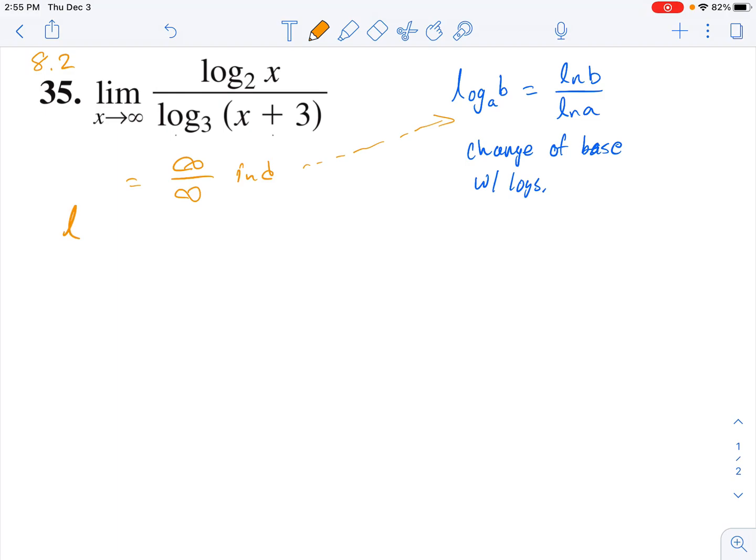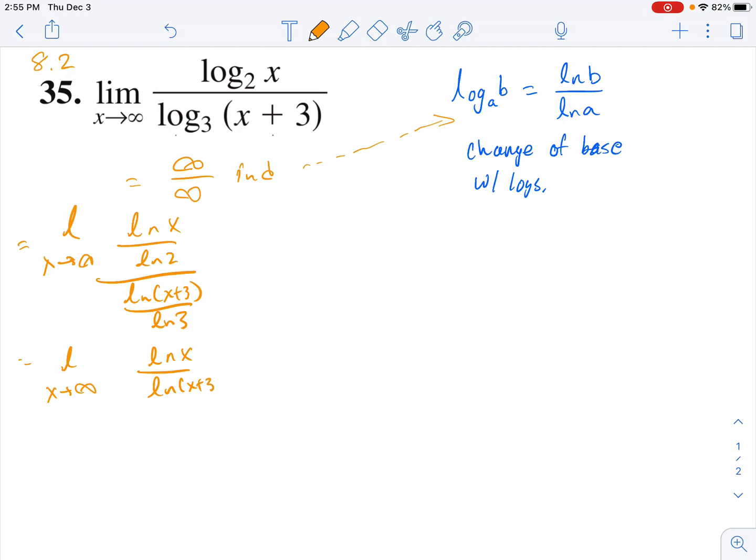So it's going to be the limit as x goes to infinity still of the natural log of x over the natural log of 2, all divided by the natural log of x plus 3 over the natural log of 3. And of course, I could reciprocate this a little bit and see what I end up with. That's equal to the limit as x goes to infinity of the natural log of x on the top over the natural log of x plus 3 on the bottom.